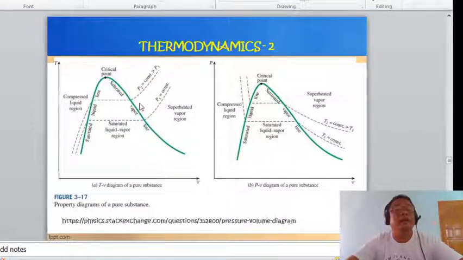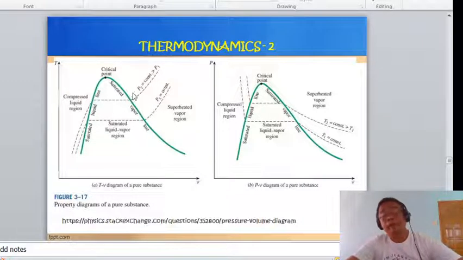At the PV diagram, again the same: you have here the compressed liquid, superheated vapor, critical point, and then the mixture at the inside portion of the diagram.